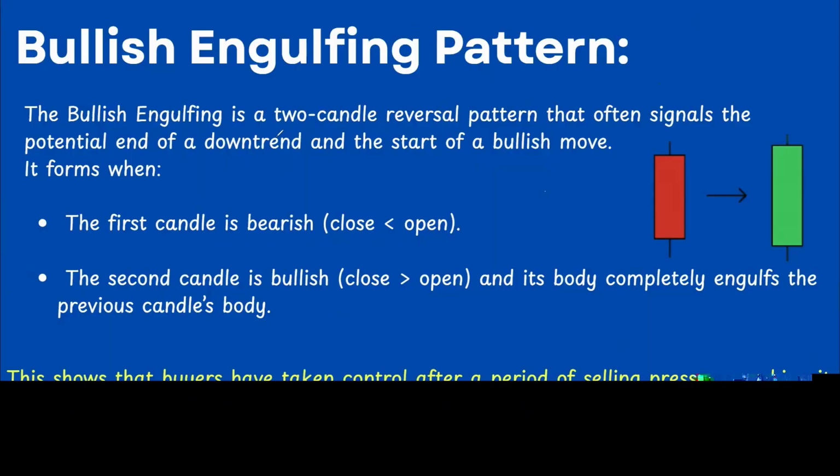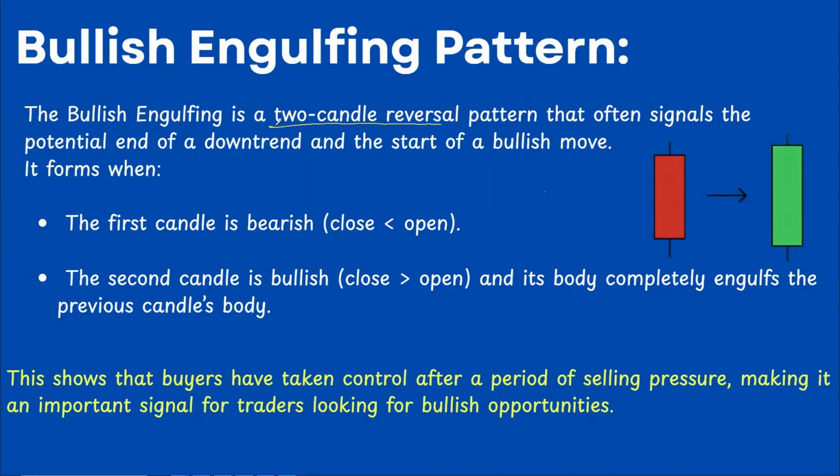A bullish engulfing pattern is a two candle reversal pattern that signals the end of a downtrend and the start of a bullish move. Meaning to say, this pattern occurs during a potential downtrend, and after the downtrend it occurs like this, which signals this downtrend is about to end and there may be a chance of a reversal from this level.